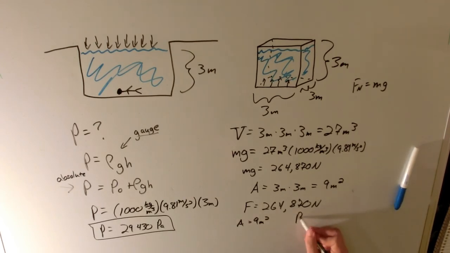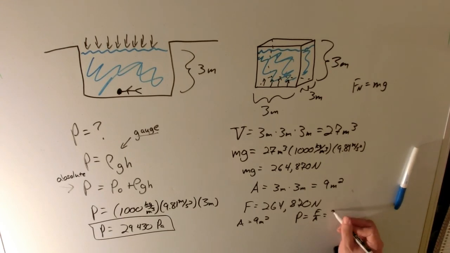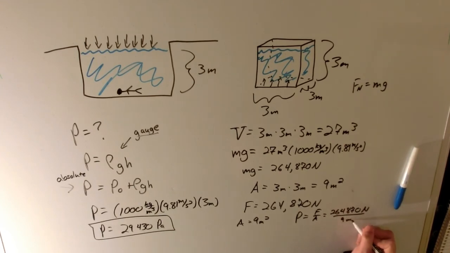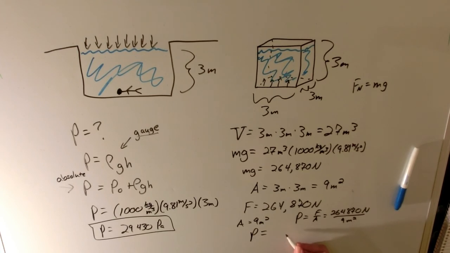And so my pressure, which should be force divided by area, should be 264,870, hopefully I'm not going out of the frame here, divided by 9 meters squared. And I find that the pressure associated with that, surprise, surprise, comes up to 29,430 pascals. The same as over there.